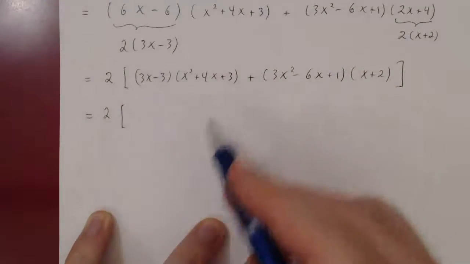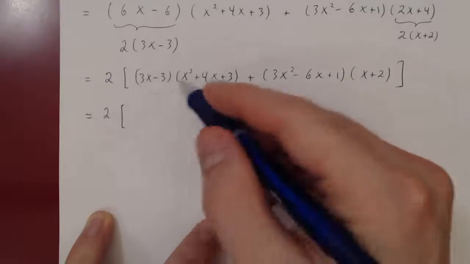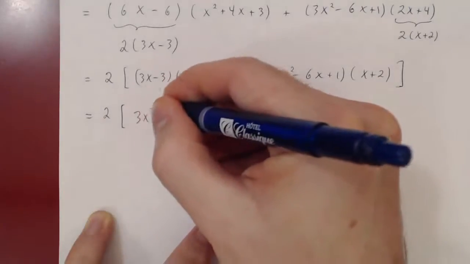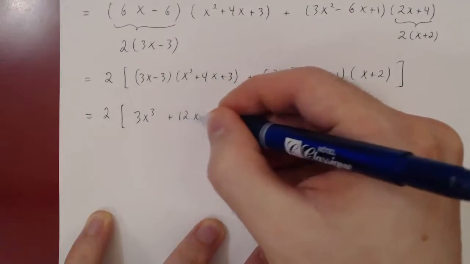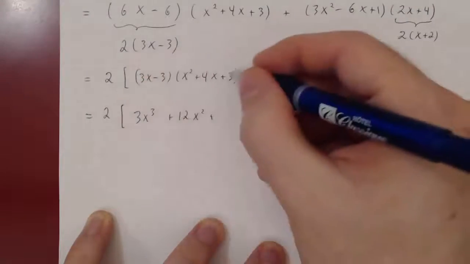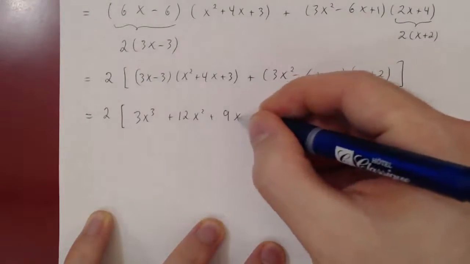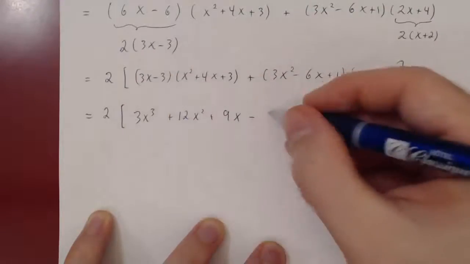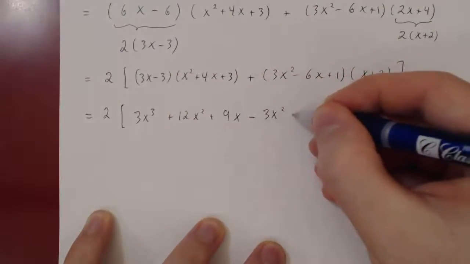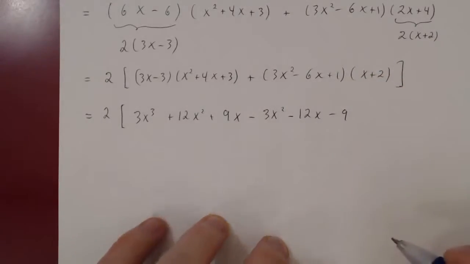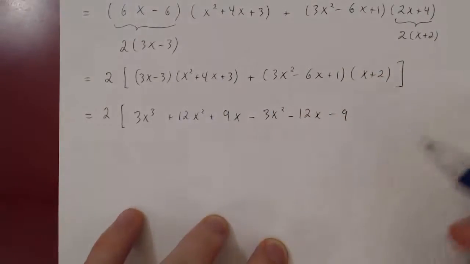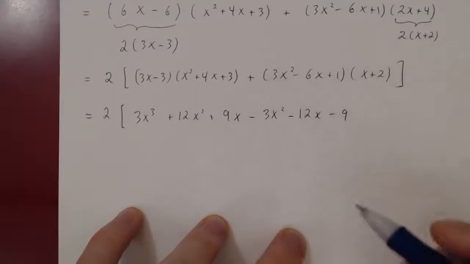Let's multiply out by the 3x first, so we'll have 3x cubed plus 12x squared plus 9x minus the 3, minus 3x squared minus 12x minus 9. So that's expanding the first term, plus, let's expand the second term.